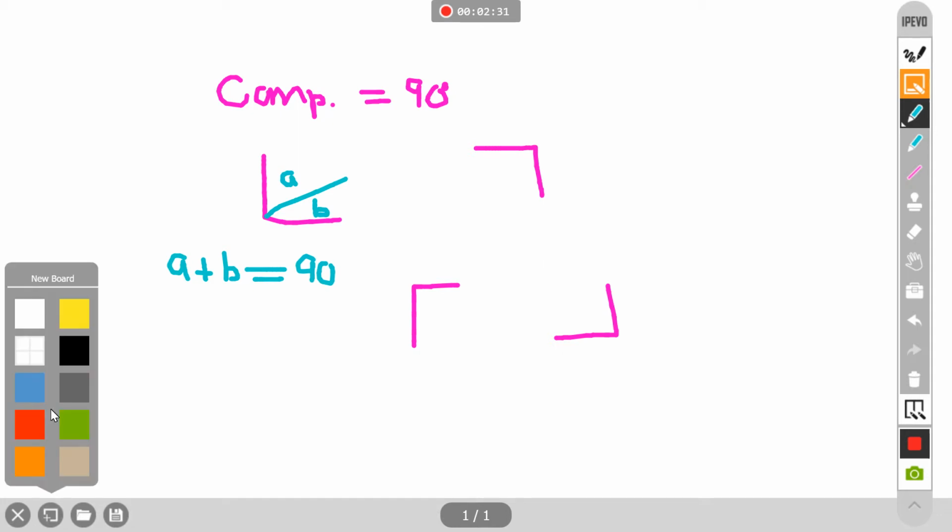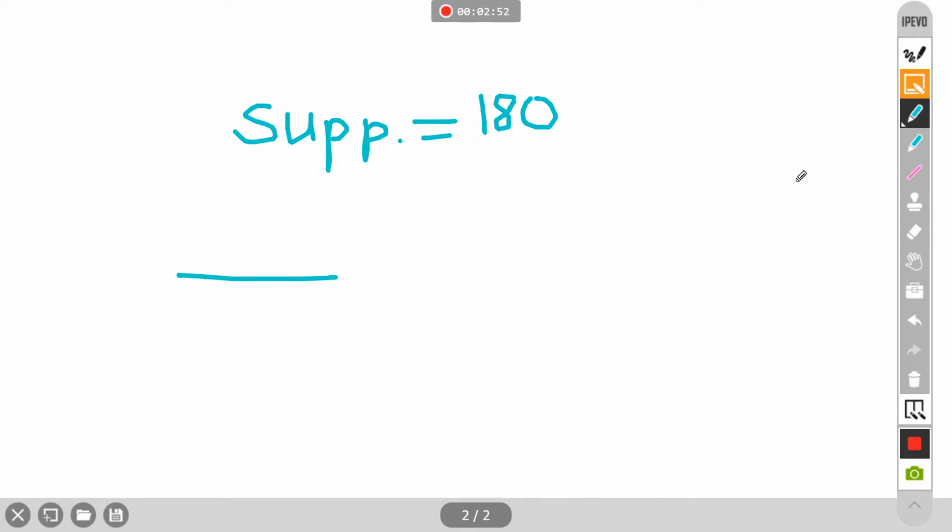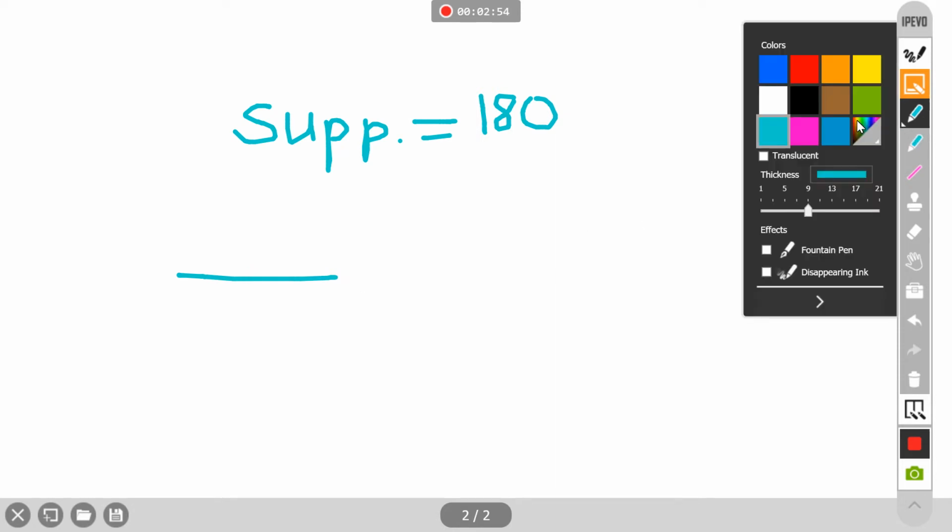So then we've got our supplementary angle relationship. I'm just going to put sup. We know supplementary angle relationships are going to come out to 180 degrees. So they're just going to form a straight line, and then they'll be separated by one or two angles that pair them up together.